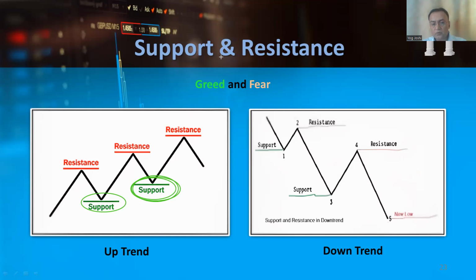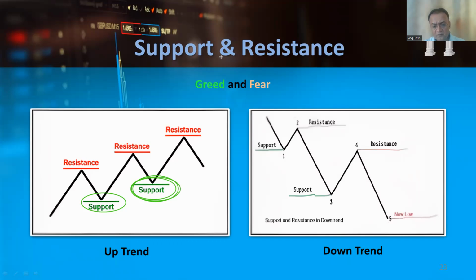They are unable to break this demand zone and supply zone. Whenever a stock or any commodity is unable to break the demand zone and the supply zone, it is sideways. And whenever it is able to break the demand zone or the supply zone, or the support or resistance, it is a sign of the start of a new trend.